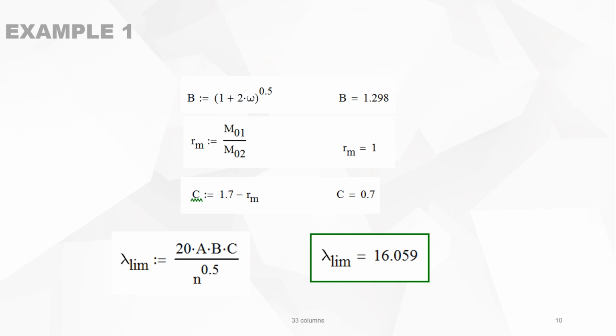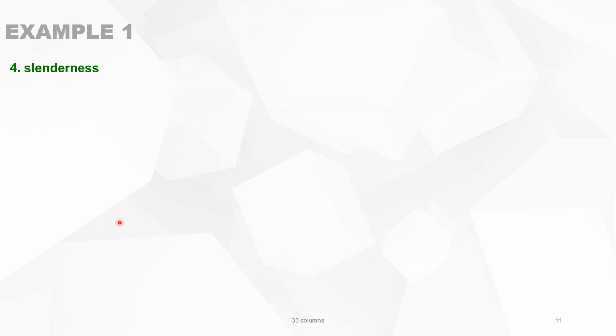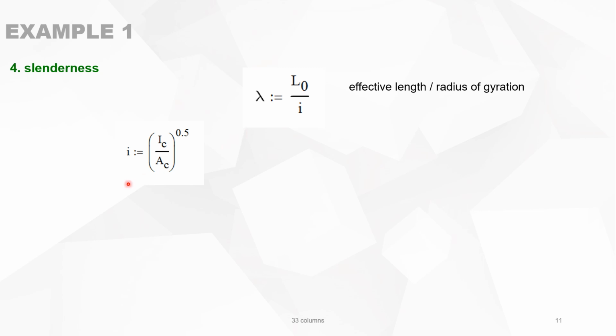You see this is a very low value. So it means that in almost all cases you need to take care of the second order bending moment. We will calculate the slenderness of the column. It's the effective length divided by the radius of gyration.